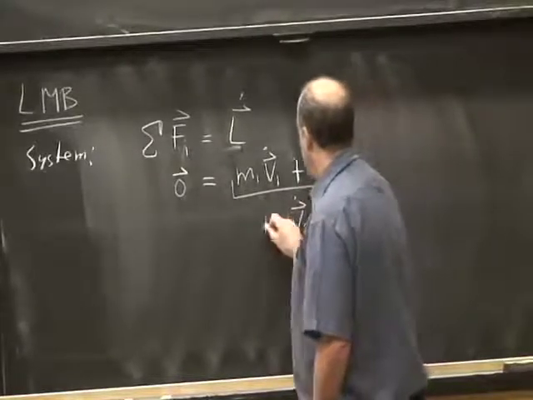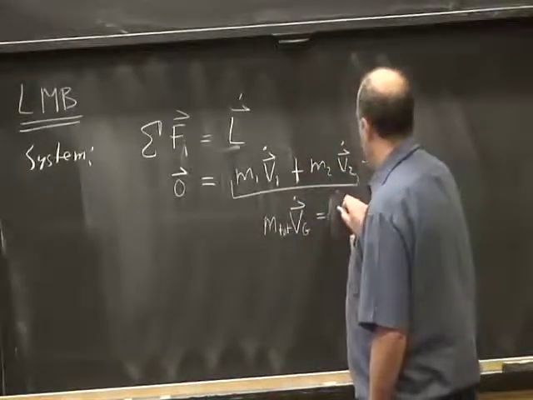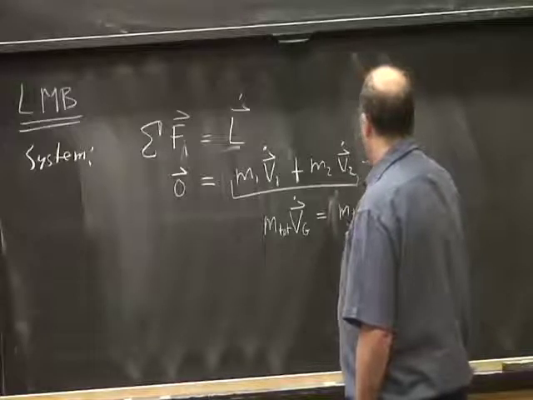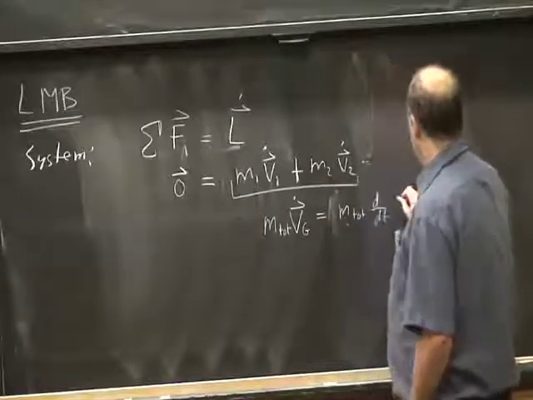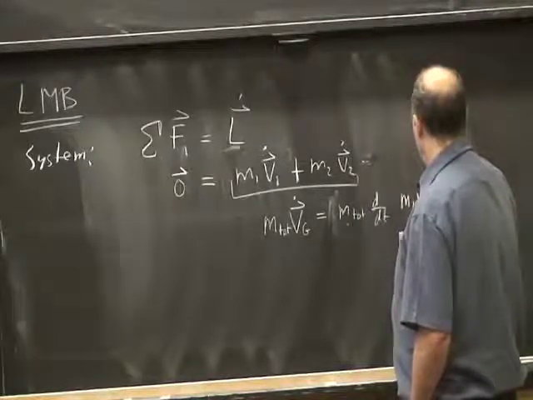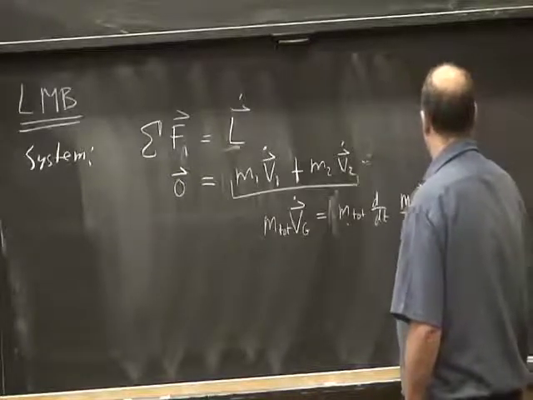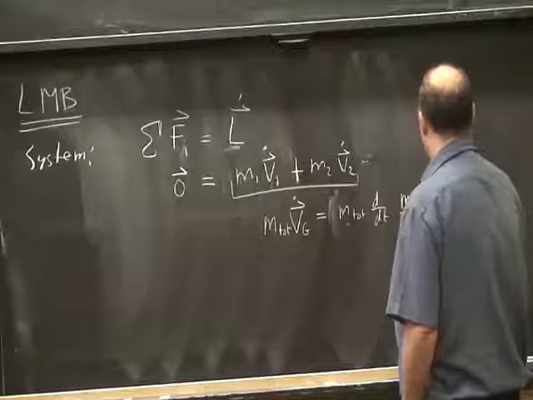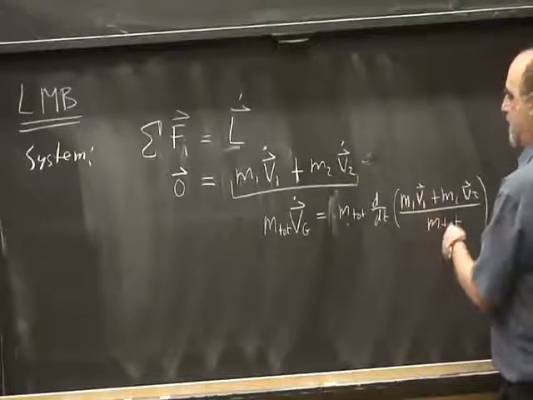It's actually the total mass times Vg dot, because if we look at the total mass times d by dt of Vg, and Vg is m1 V1 plus m2 V2 divided by m tot, here is the velocity of the center of mass.